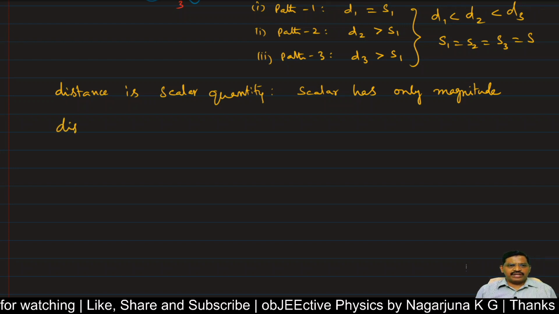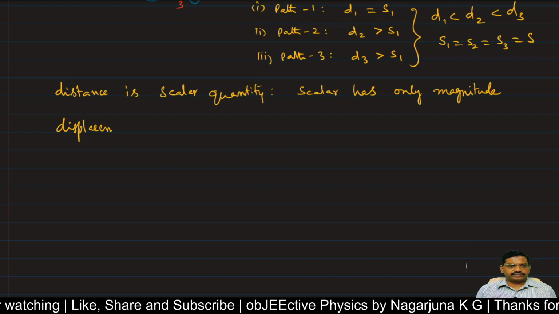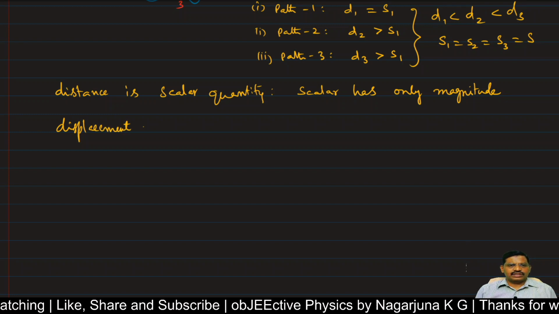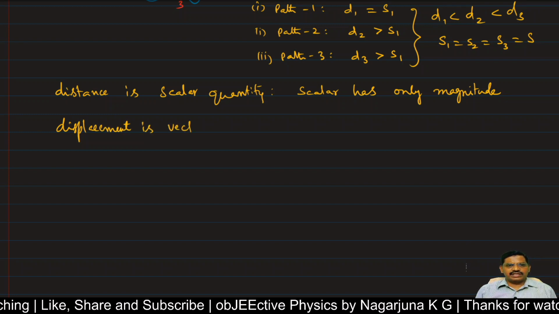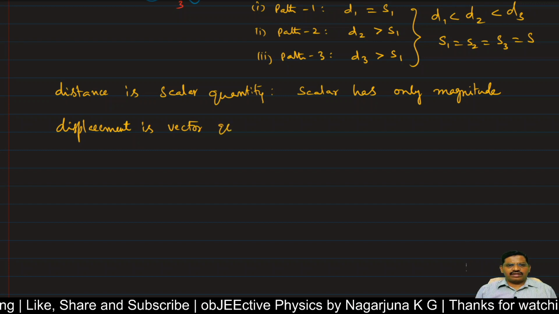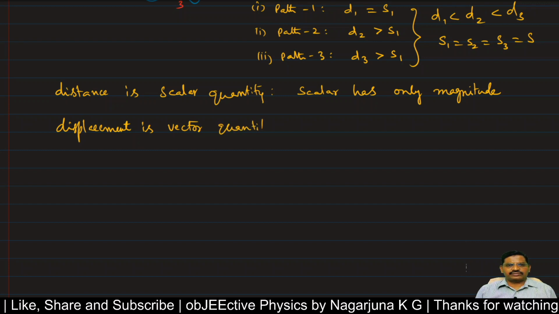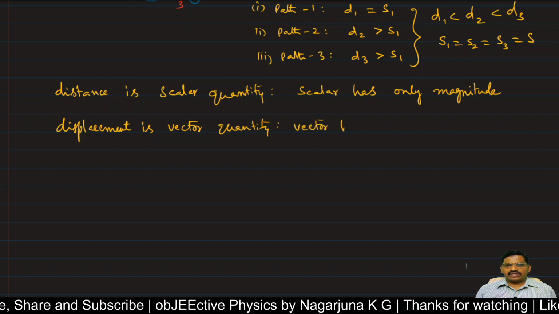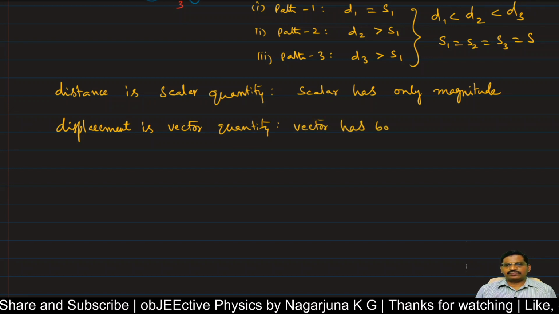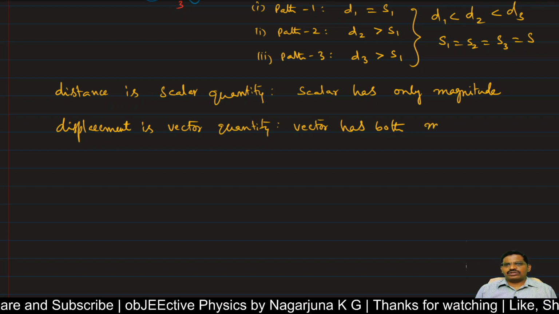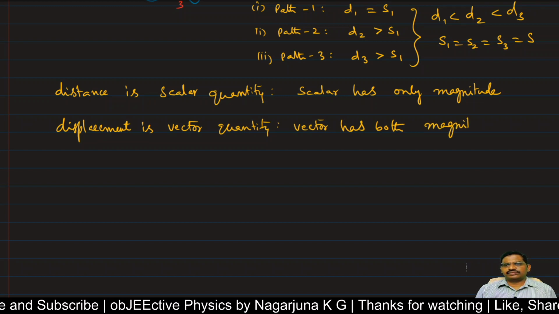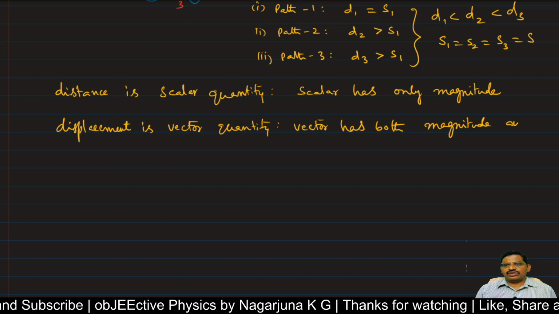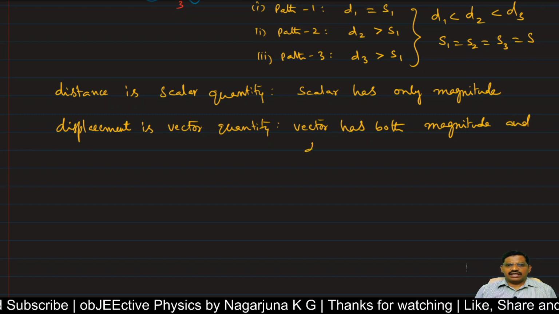And displacement is a vector quantity. So vector has both magnitude and direction.